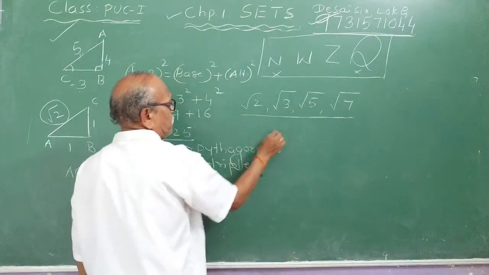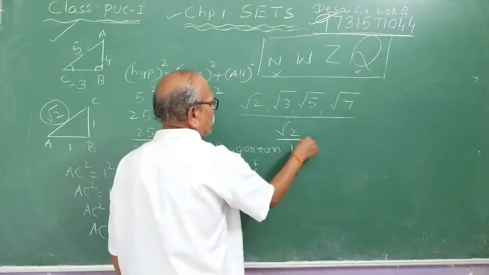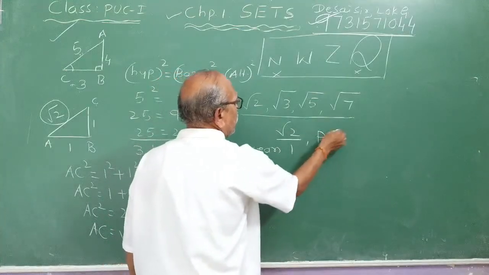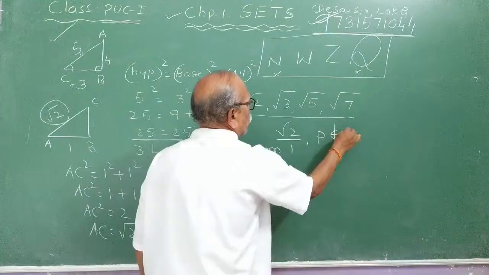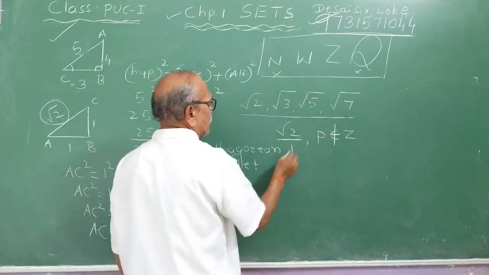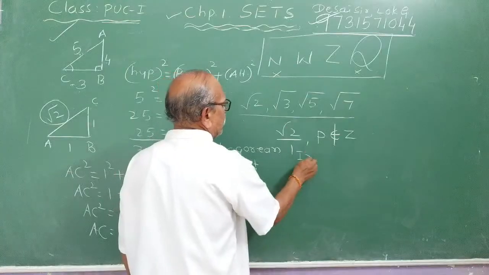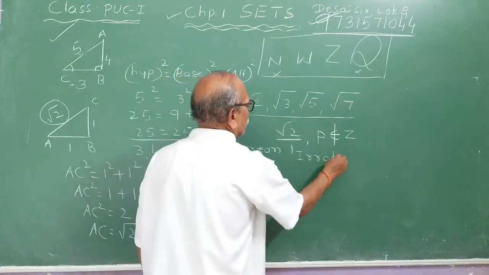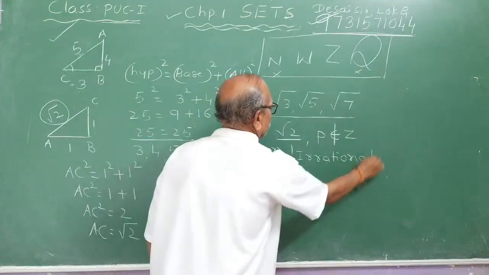You cannot express them as p by q because the numerator p does not belong to integers. Therefore, all these numbers are considered irrational numbers. That is the difference between rational and irrational numbers.